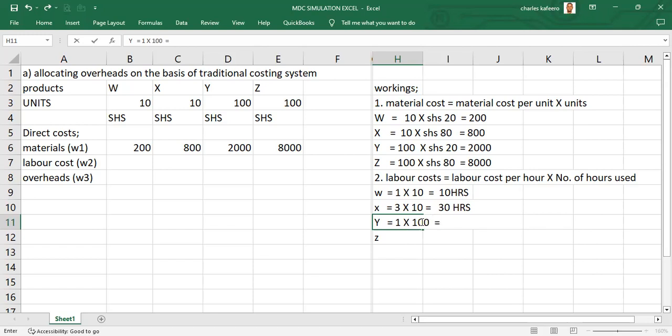And this will give us 100 hours. These are the 100 hours that we need in total that will help us produce the product Y.